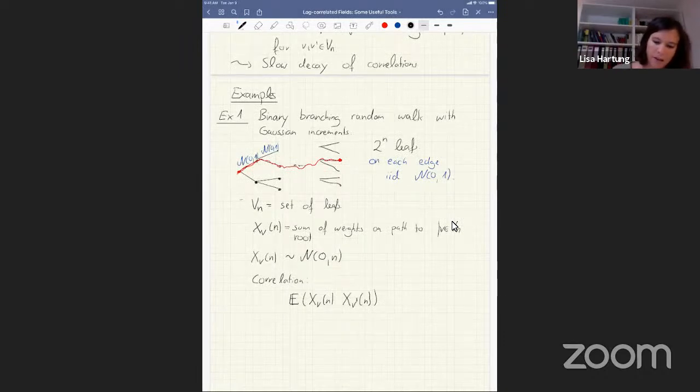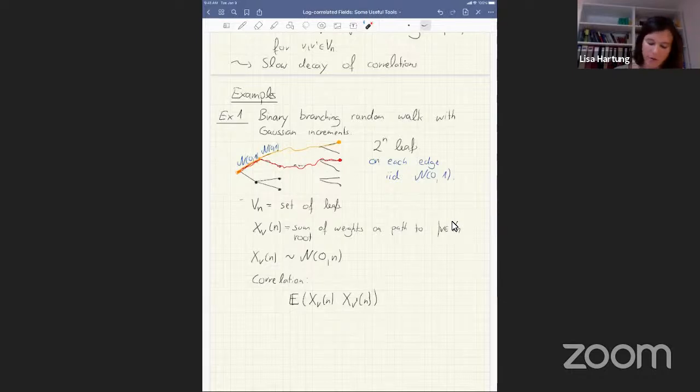Because if I take a second, this one, and this path might now do something like this, right? Then these two paths to the root, they share edges, right? And if they share an edge, then in this sum, I sum exactly the same Gaussian random variable.